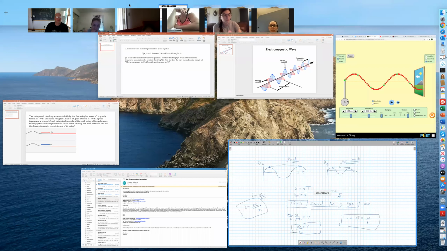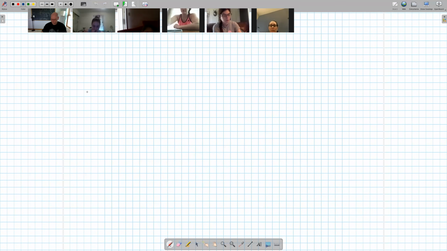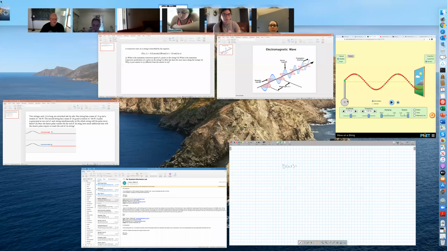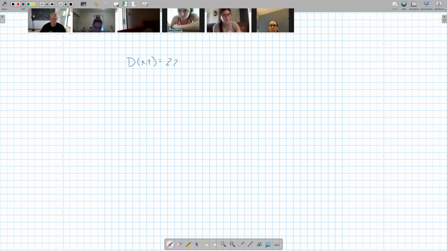So let's write all these things down. So good. First off, we know that d of x of t is equal to 2.2 centimeters times sine of 130 times t plus 15 times x.